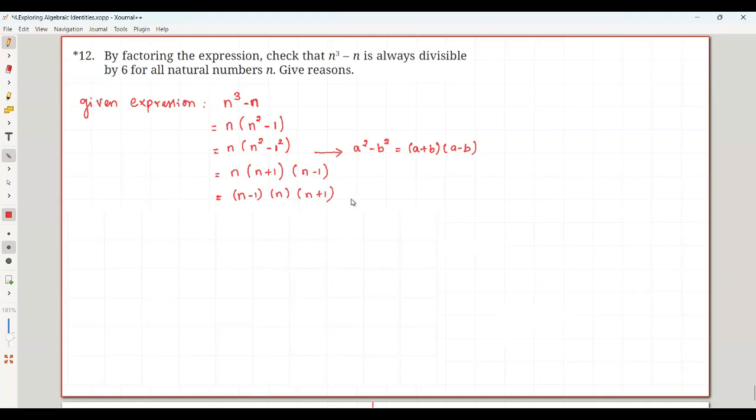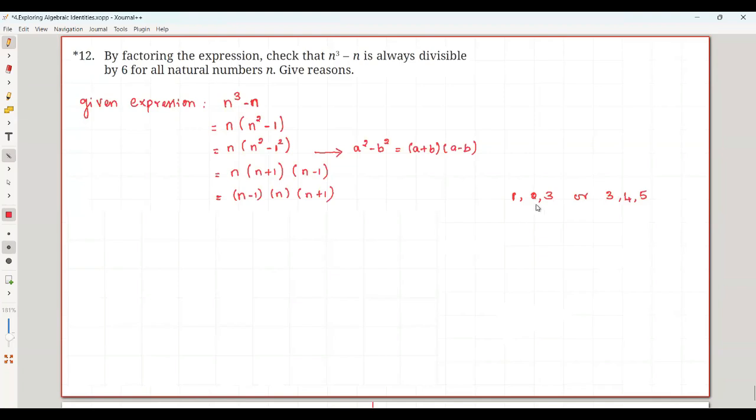Now they are in the form of 3 consecutive numbers: n minus 1, n, n plus 1. For example, 1, 2, 3, or we can go with 3, 4, 5, any 3 consecutive numbers. If we take any 3 consecutive numbers, definitely one number will be divisible by 2 and another number will be divisible by 3.